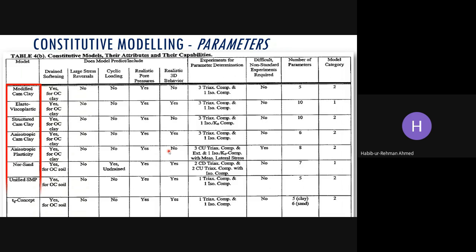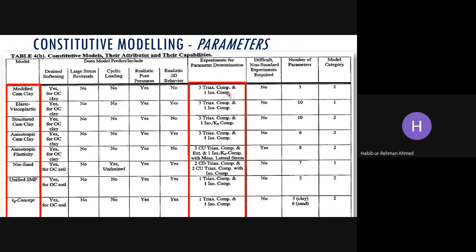You can see here this is a list of models, and here the experiments for parameter determination. Like for modified cam clay, you can see here 3 triaxial compressive and 1 isotropic compressive strength test is required.